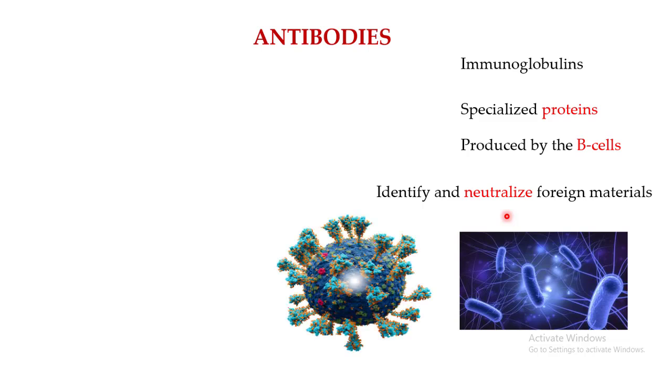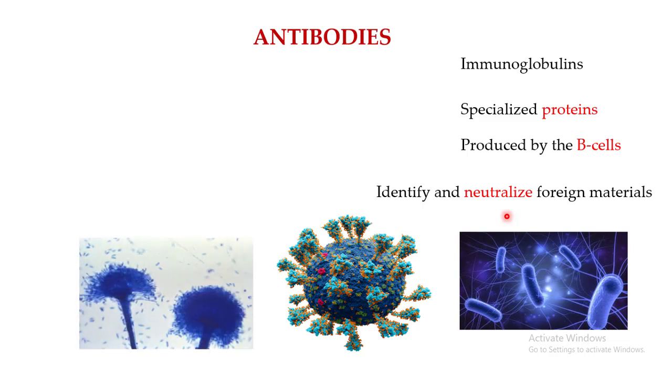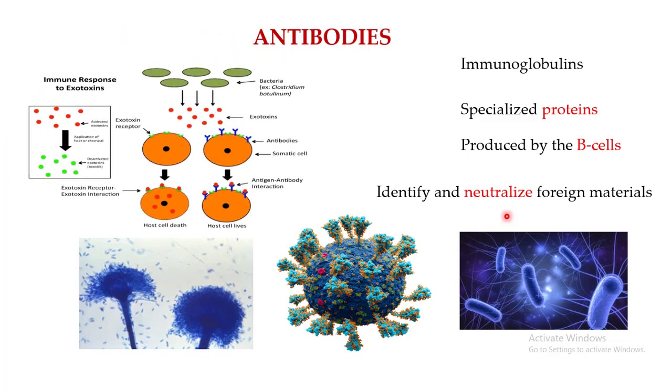They are very good at neutralizing viruses. They are also very good at neutralizing pathogens, and they are very important in neutralizing toxins that are produced by pathogenic bacteria. So antibodies are a very important part of your immune system.